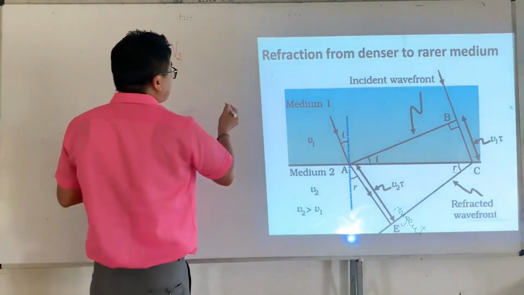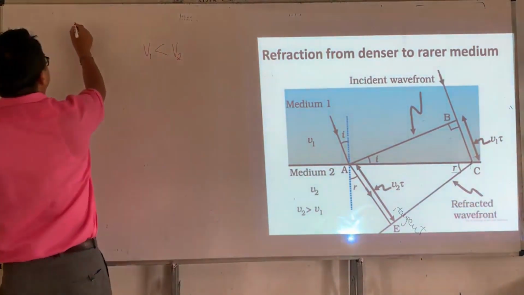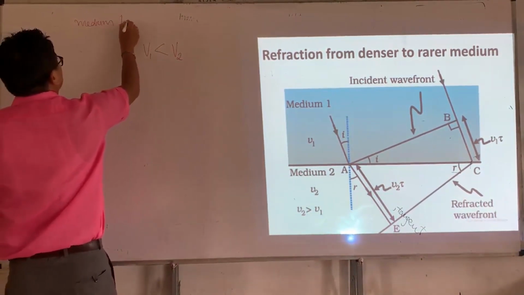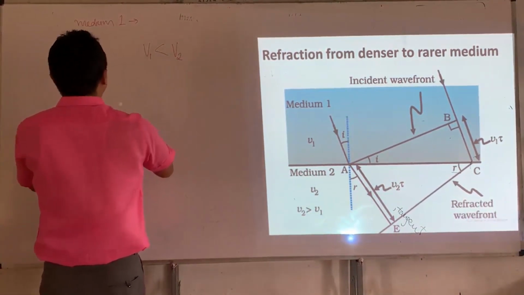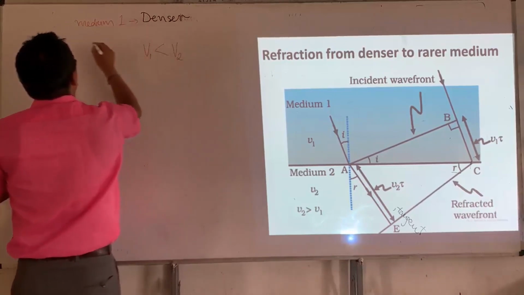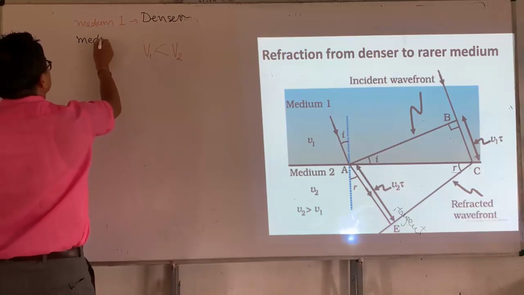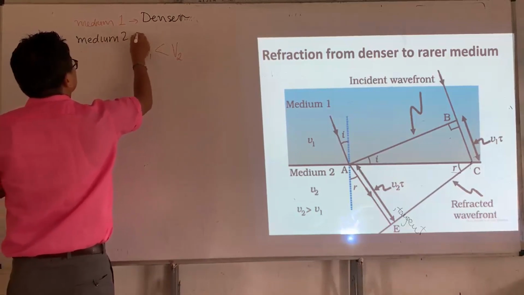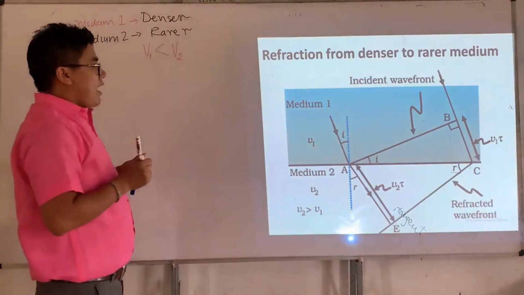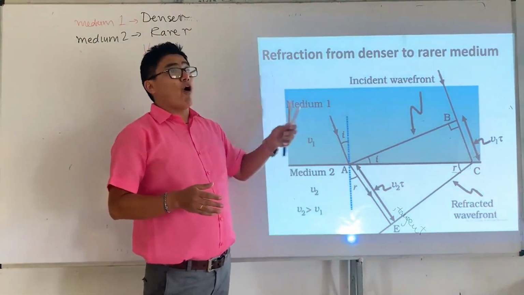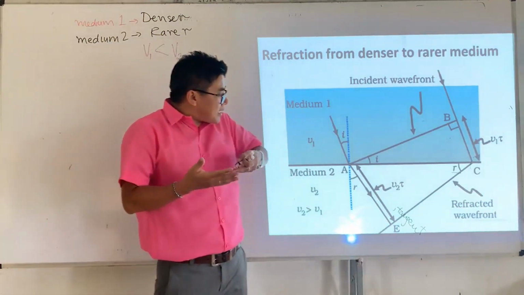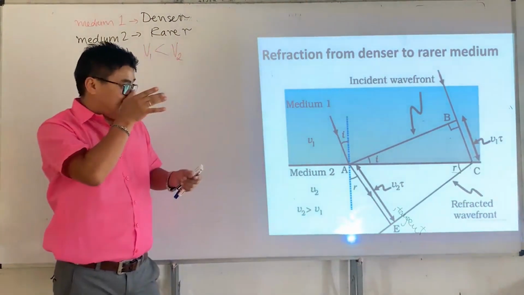Because medium 1 is denser and medium 2 is rarer. And the bending is away from the normal, and I would like to prove how the bending is away from the normal from this expression.